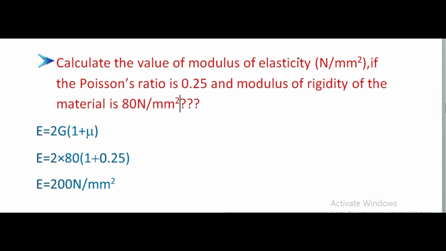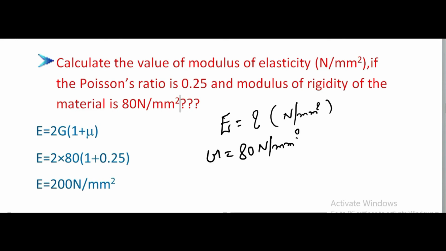Here the modulus of elasticity, that is E, is asked in Newton per millimeter square, and rigidity G is also given in Newton per millimeter square. So we don't have to worry about units in this question, just simply put the values in the equation.